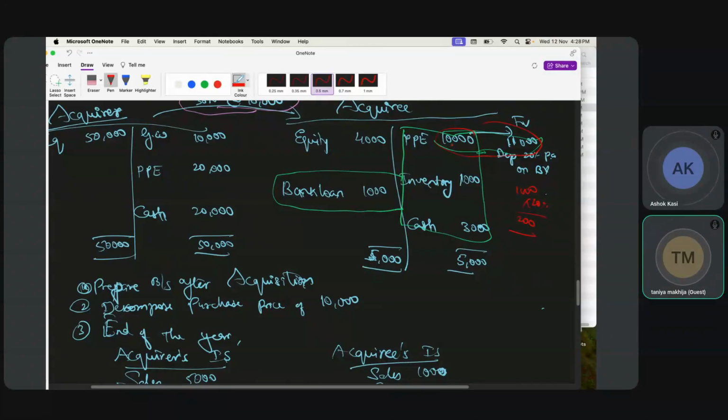This is 10,000 and this is 11,000, so we take only the difference, the excess value, because for the 10,000 they must have already done it. So 20% of 1,000 is 200, and within that our share is only 30 percent, which is 60. So 60 is the depreciation.